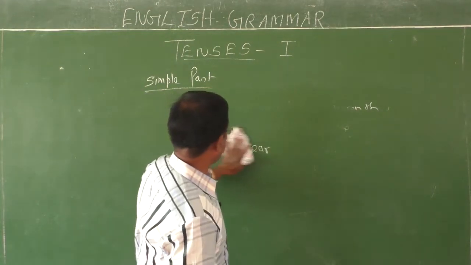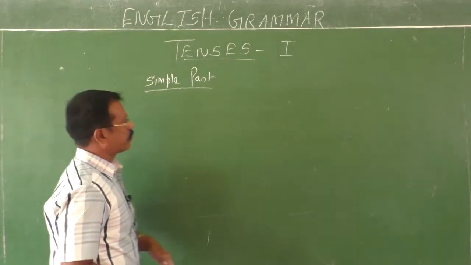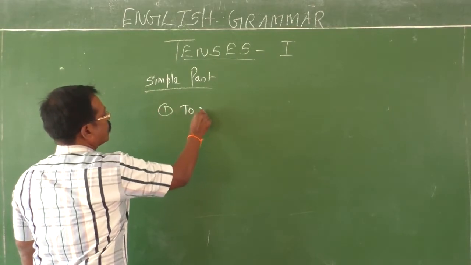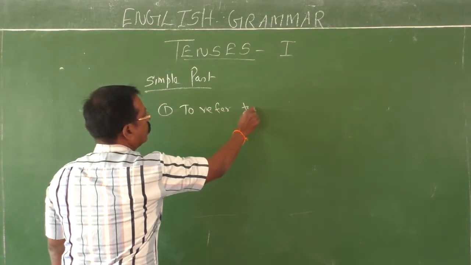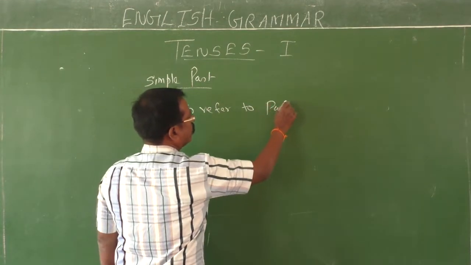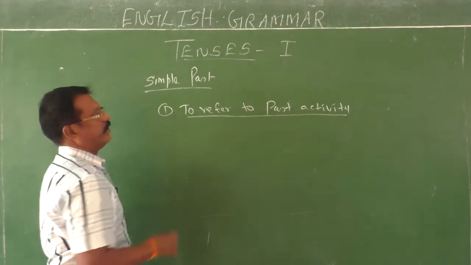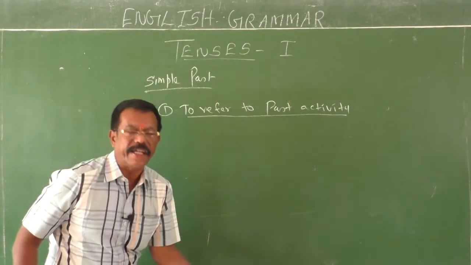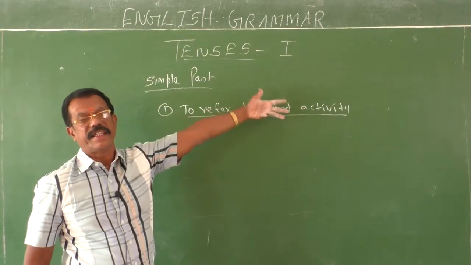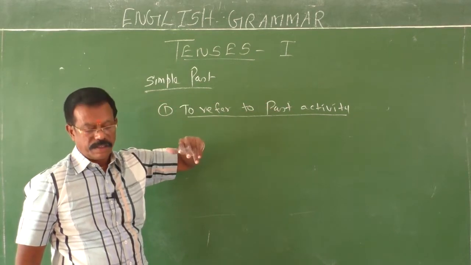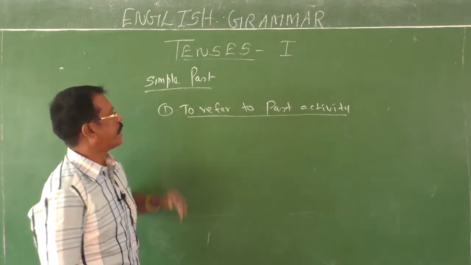These are the time markers which are related with the past tense. We use this past tense to refer to past activity, the activity completed in the recent past or the distant past, or the time before.